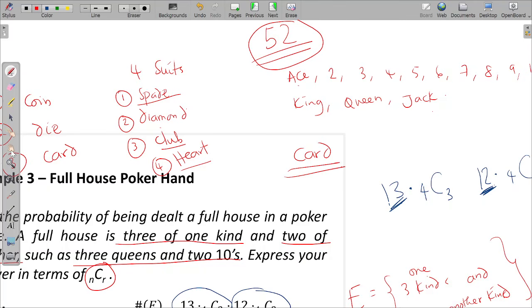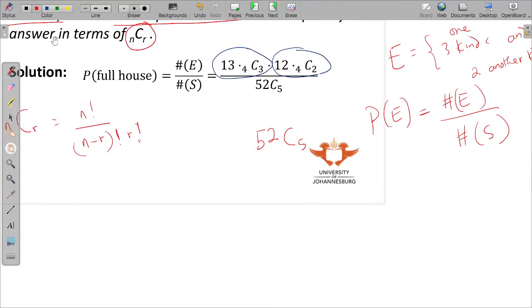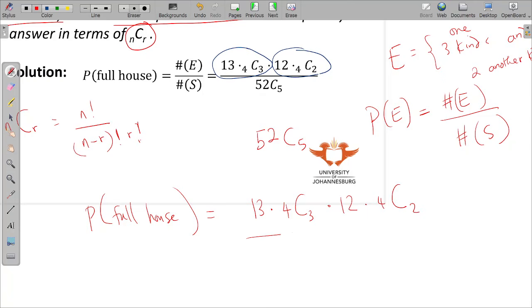So the probability of the full house is now 13 multiplied by combination 4, 3, multiplied by 12, multiplied by combination 4, 2, over 52 combination 5.